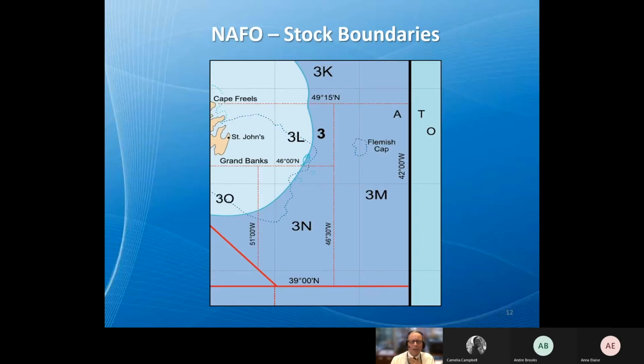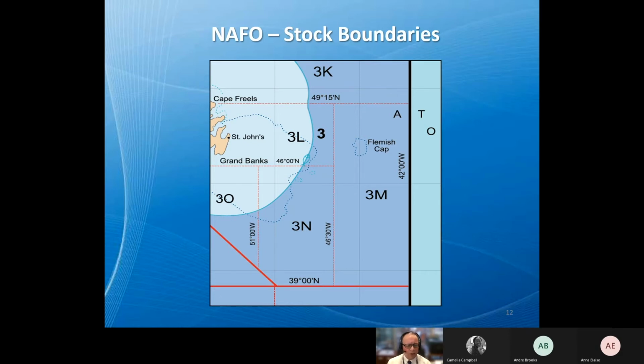So this is a picture of a part of the NAFO regulatory area. You see that the NAFO stock boundaries are divided into sub-areas and divisions. Sub-area is the number 3 here in this case. This is the area where the continental shelf goes beyond the 200-mile limit and where most of the fishing takes place. And we have various stocks.